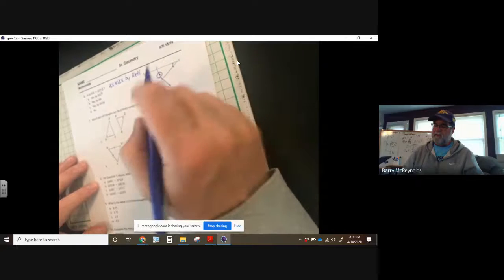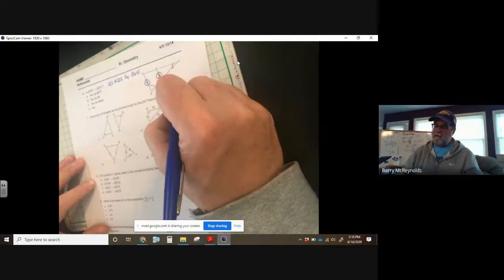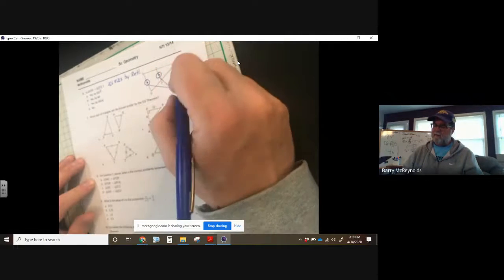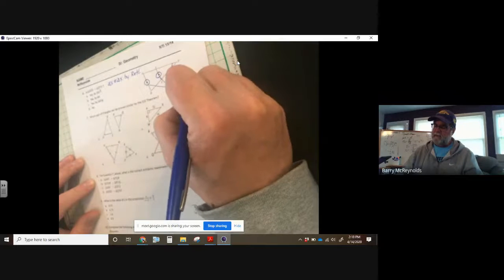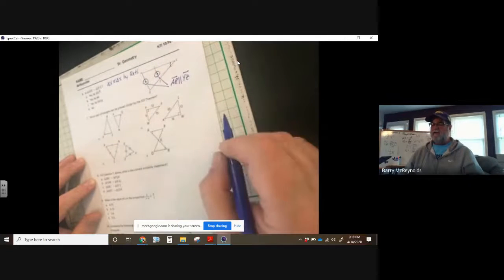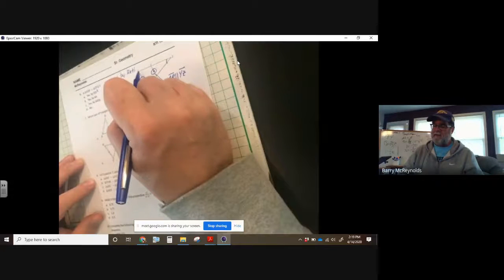And so I can get that if I remember that the symbols here mean that AB is parallel to YZ. And if those two lines are parallel, then they're cut by a transversal.